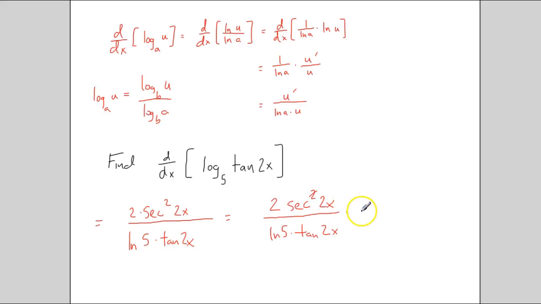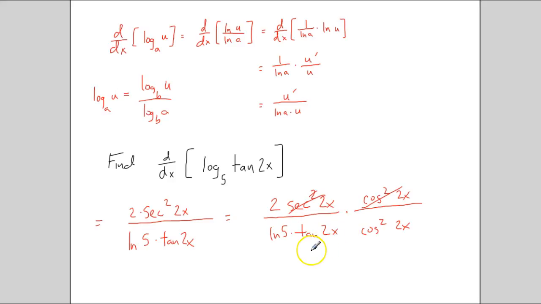Right now I can multiply top and bottom here by cosine squared 2x. Again, this is 1 over cosine squared, and this is sine over cosine. So cosine squared would be the common denominator if you want to treat these as fractions within fractions. And then this would cancel completely, leaving you with just 2 on the top.